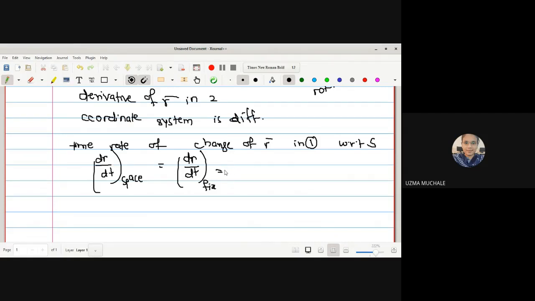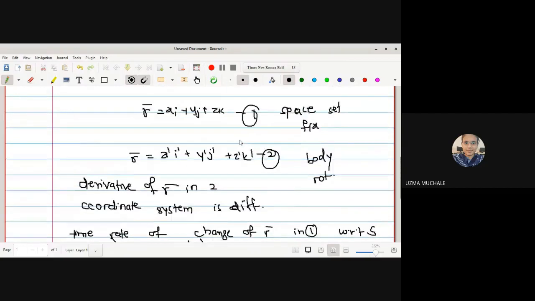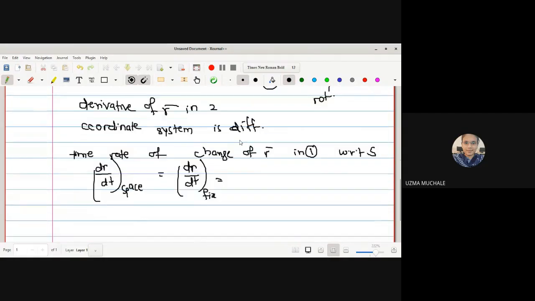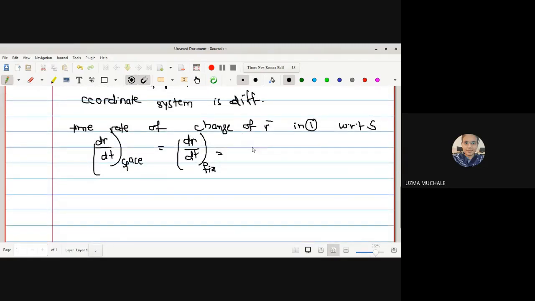Here we are considering the space set of axes itself, because x, y, z are related to the space set of axes only, and x dash, y dash, z dash are related to the body set of axes, or we can say rotational. So we can write dx by dt i plus dy by dt j plus dz by dt k.